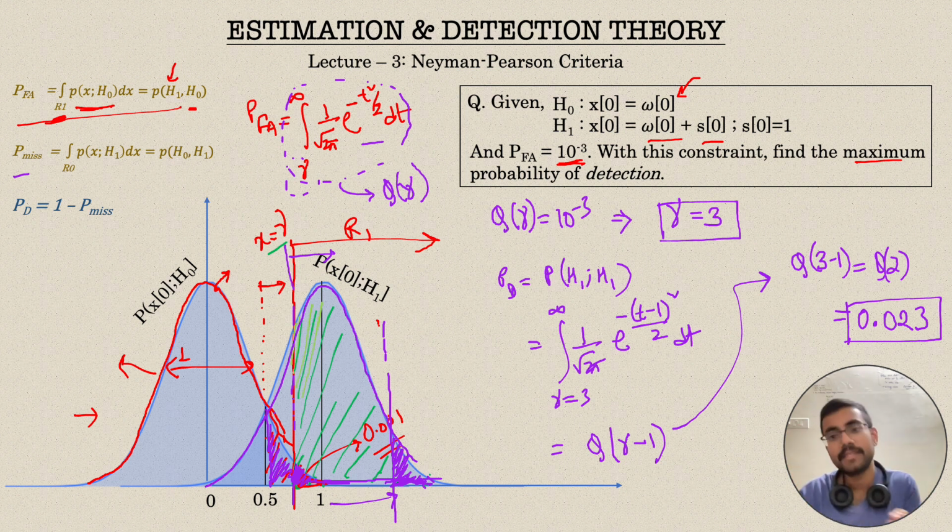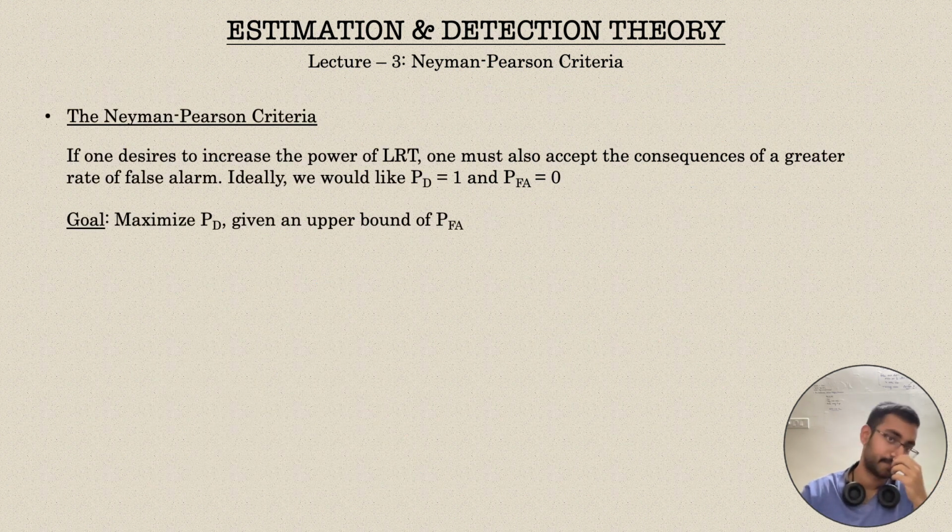That's what this example signifies, and that's the problem we are going to tackle with this Neyman-Pearson criteria. So why this Neyman-Pearson criteria? What does it talk about actually? The Neyman-Pearson criteria says that if we want to increase the power of an LRT, the likelihood ratio test, we don't need to know what an LRT is right now.